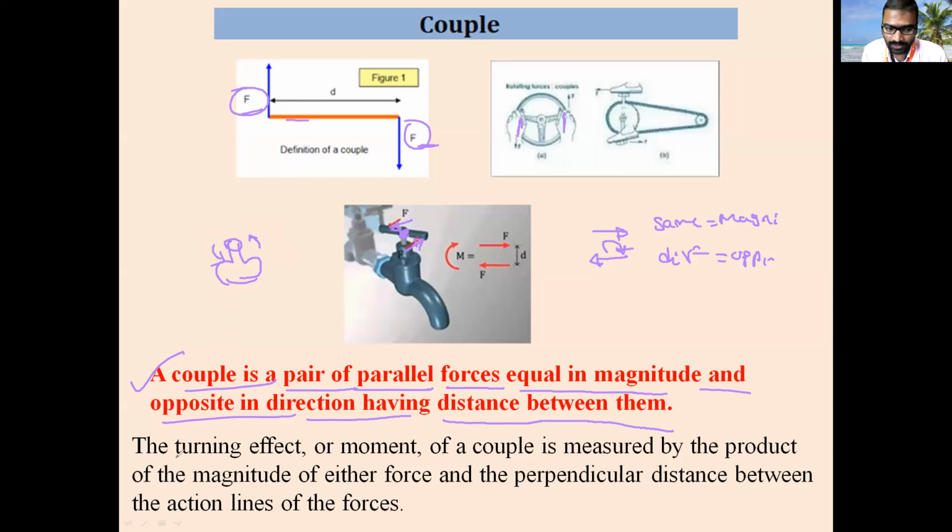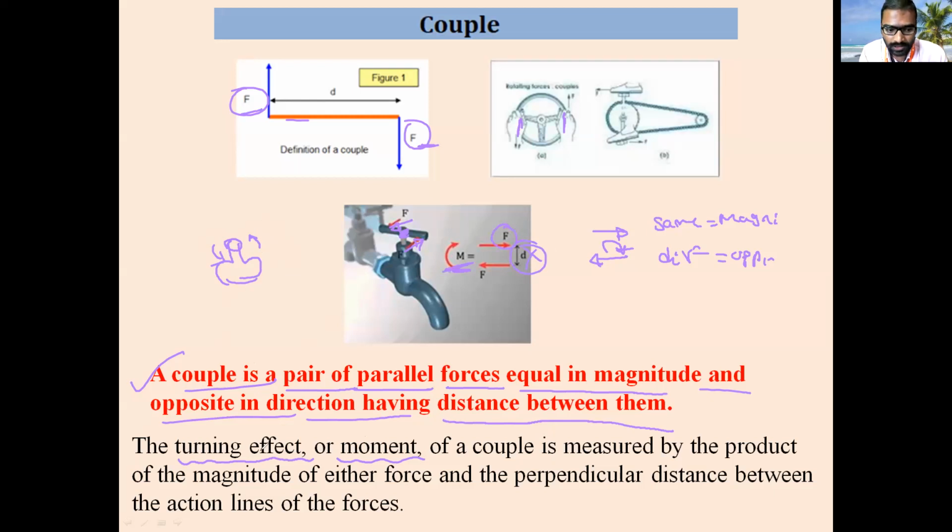The moment will give the rotational effect. So this will give the turning effect or moment. So a couple is a kind of moment only. Here M is a couple. You have to consider only one force: force into perpendicular distance constitutes a moment.